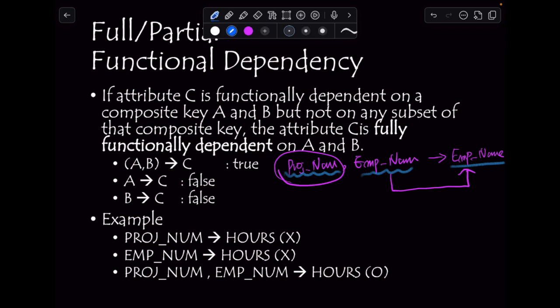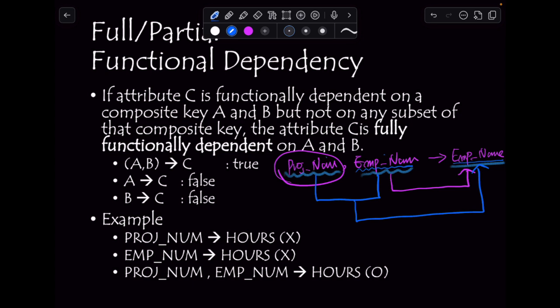Definitely, if we combine both together, these two can determine employee name, but the key here is that project number is not necessary. In that case, when there are two attributes on the left side as determinant, if you use only part of this, for example, employee number as the determinant of employee name, we say there is a partial dependency from employee number to employee name.